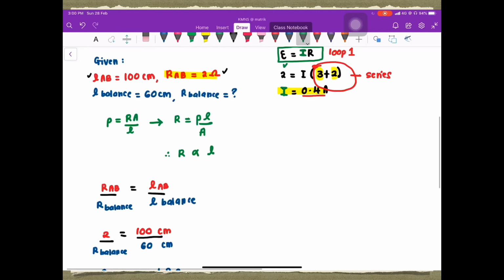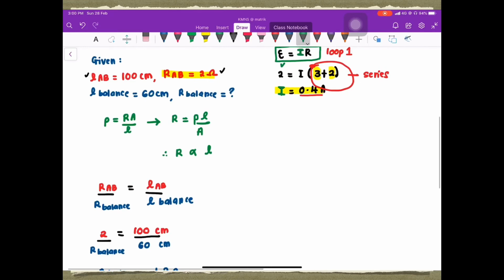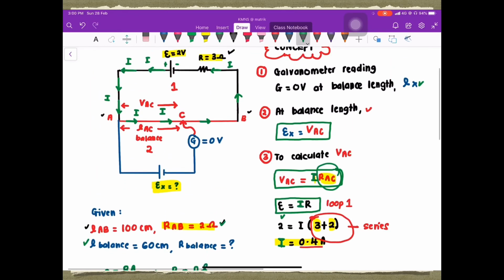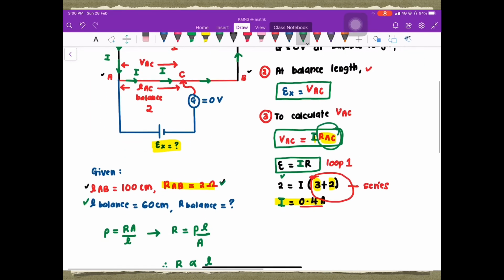Given the original length of wire AB is 100 centimeter, the resistance along AB is 2 ohm. Given the balance length is 60 centimeter, the balance length refers to LAC.